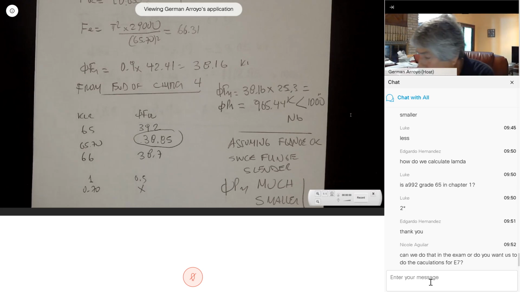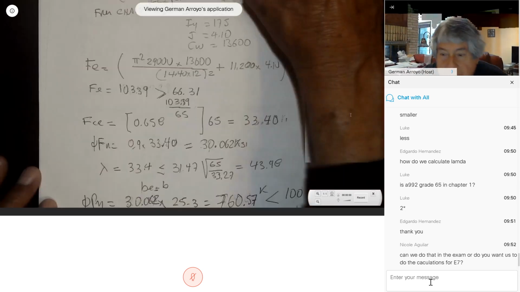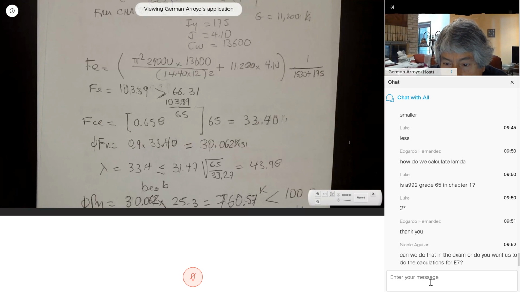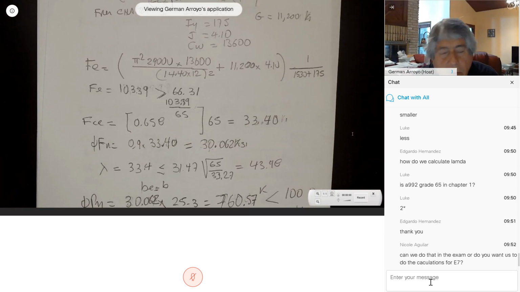I want to answer the other question from Luke. Look, can we do that in the exam or you want us to do the calculation? Of course, you can do this in the exam. Of course, it's showing me that you really know what you're doing.